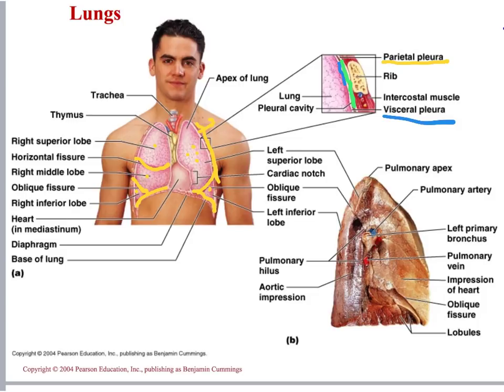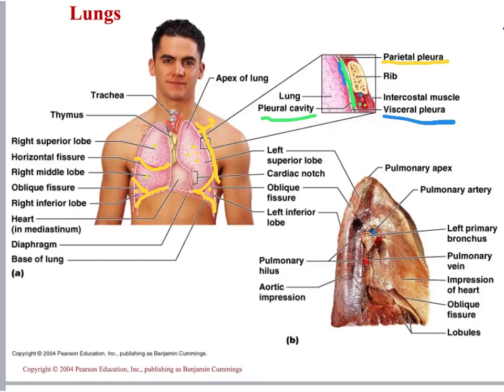The pleural cavity contains a small amount of fluid. We'll take a look at diseases of the lungs, when the lungs collapse. We're going to talk about pneumothorax and atelectasis once we get into that. So, pleurae: parietal and visceral, and a tiny little space between the two, which is known as the cavity.